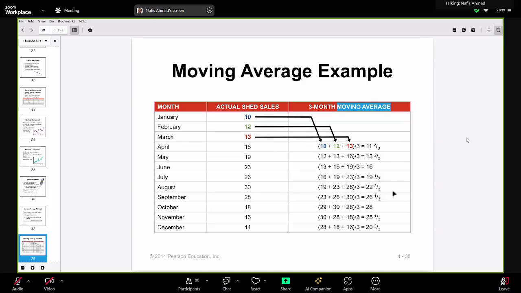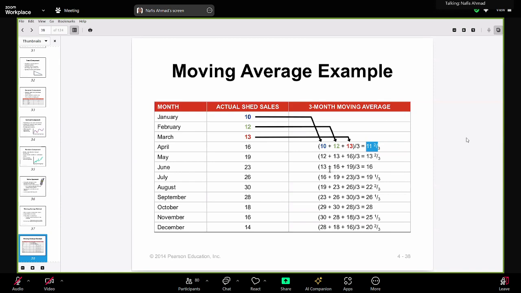Now, sometimes moving average does not give a better result when there is a trend in the nature. Moving average flattens the movement: 10, 12, 13. It takes the arithmetic mean, that means it's at the middle of these 3 data.